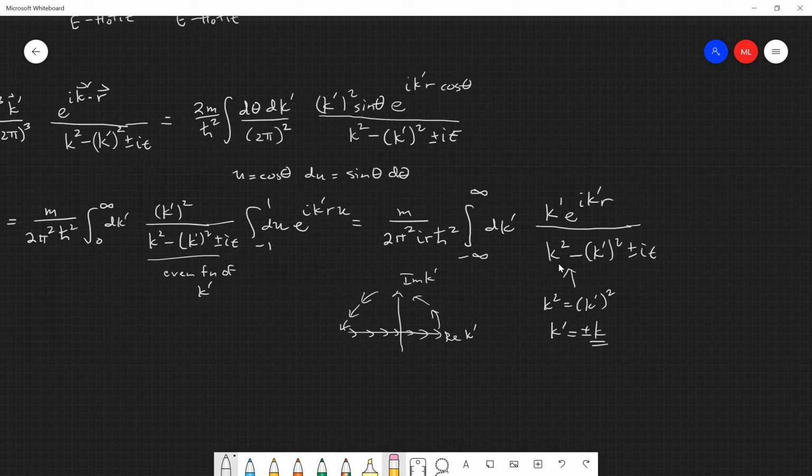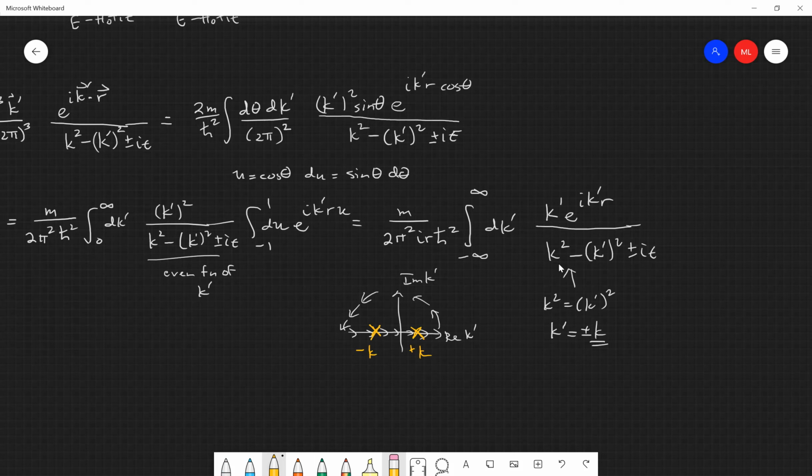But that's not good because those poles lie along the real axis, right? It'll be here and here, minus k and plus k. So that's not good because our integral contour would go straight through it along the real axis, so that integration blows up, it's not defined.